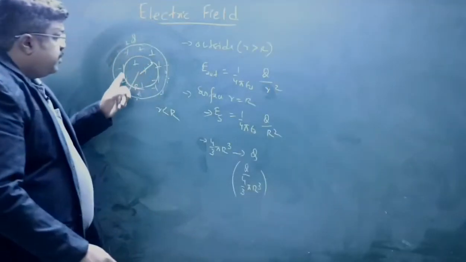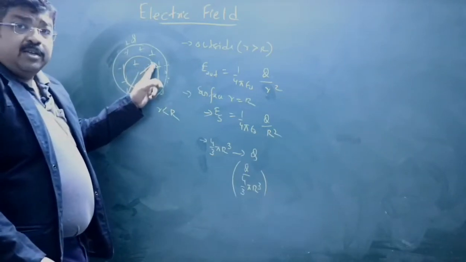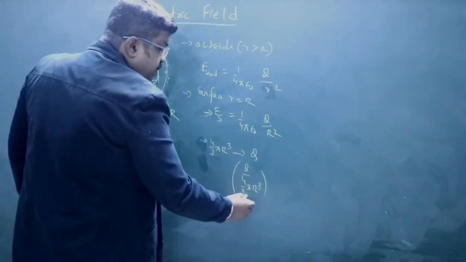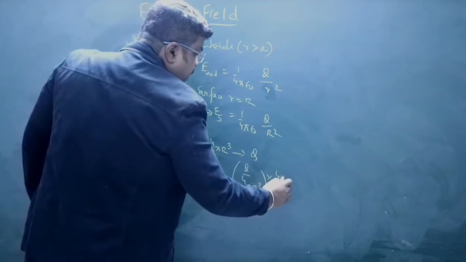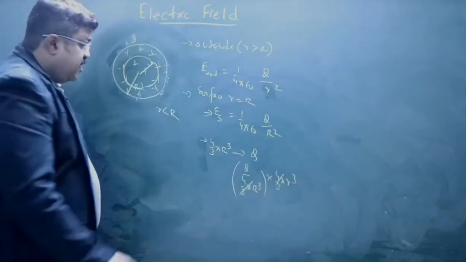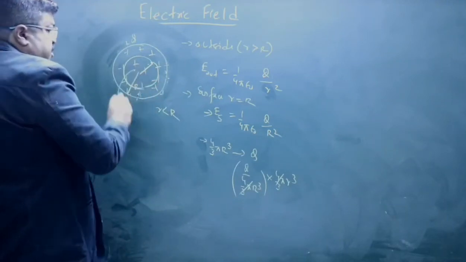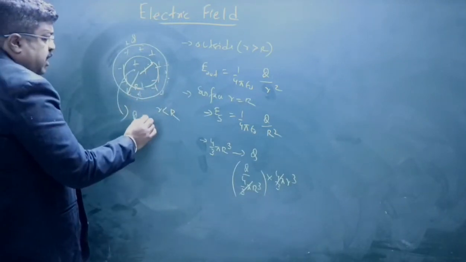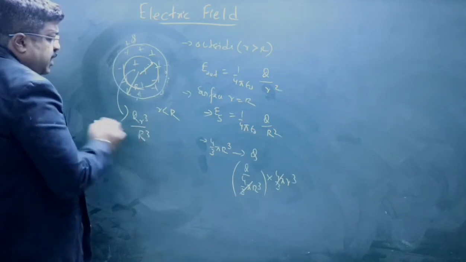So in this volume of radius small r, the charge will be Q by 4 by 3 pi R cube into 4 by 3 pi small r cube. So this 4 by 3 pi gets cancelled. That means the charge within this Gaussian sphere will be Q r cube by R cube.